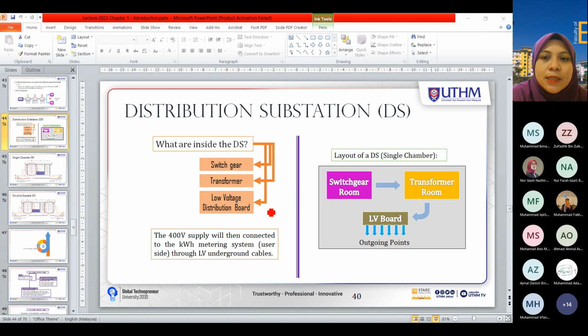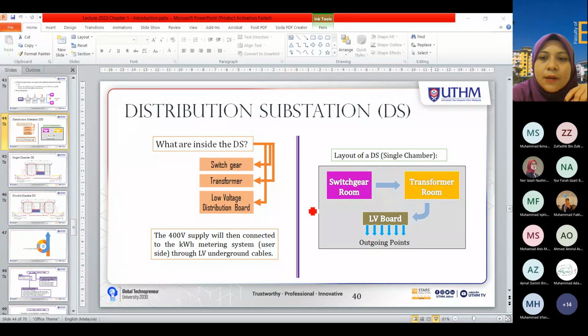Kalau dalam distribution substation, pencawang elektrik ni, basically transformer ni kita gunakan untuk step up ke step down? Step down. Yes, step down.